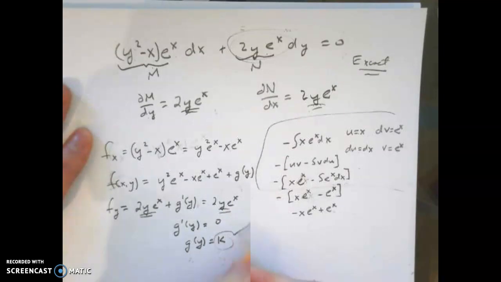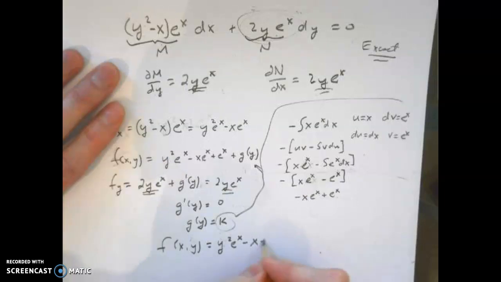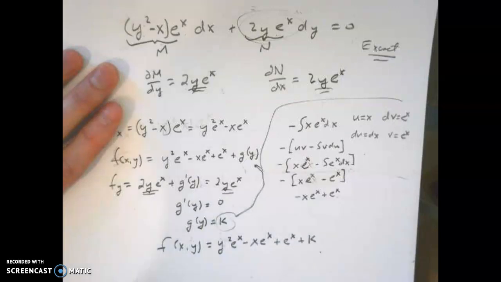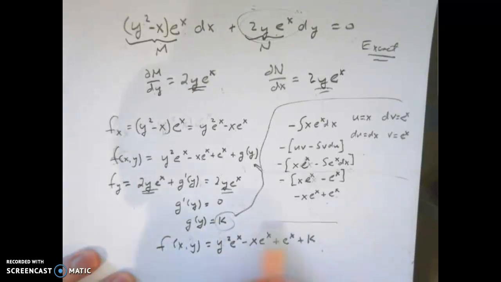So that I'm going to plug up here for g of y. So my function f of x, y is equal to y squared e to the x minus x e to the x plus e to the x plus k. And then I have my solution is going to be this thing equal to a constant.